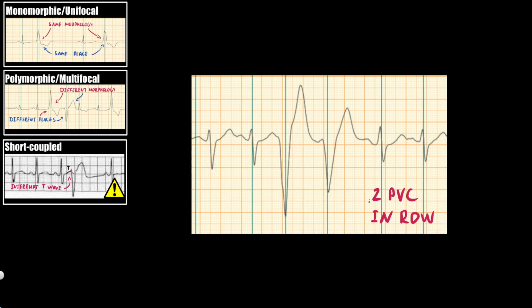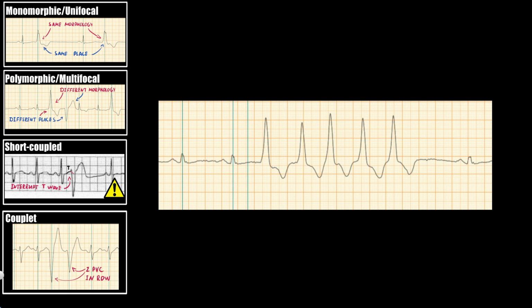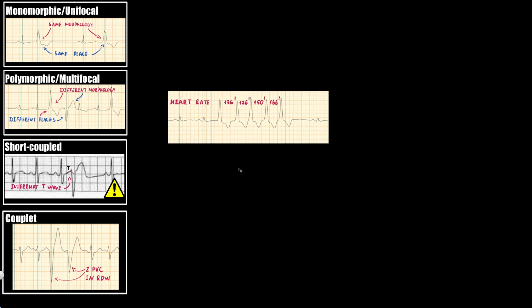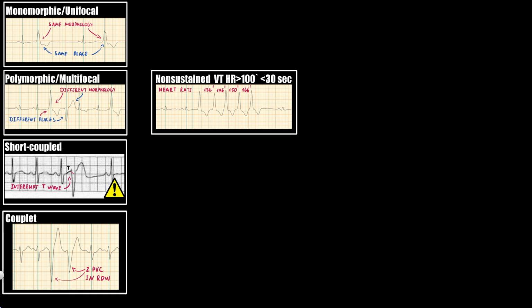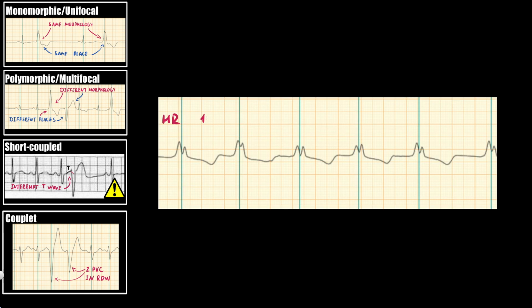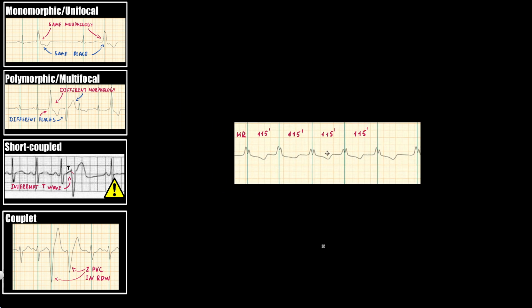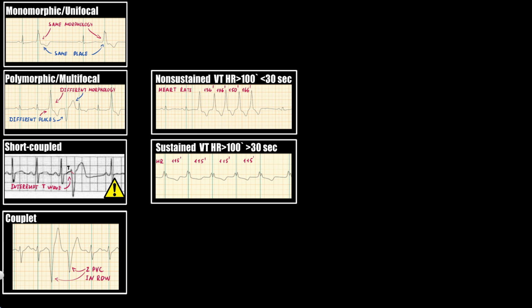Two consecutive PVC are called couplet. More than 3 consecutive PVC with a heart rate more than 100 beats per minute defines the ventricular tachycardia. Ventricular tachycardia is non-sustained if it lasts less than 30 seconds. If ventricular tachycardia lasts more than 30 seconds or requires intervention for termination, it is called sustained ventricular tachycardia.